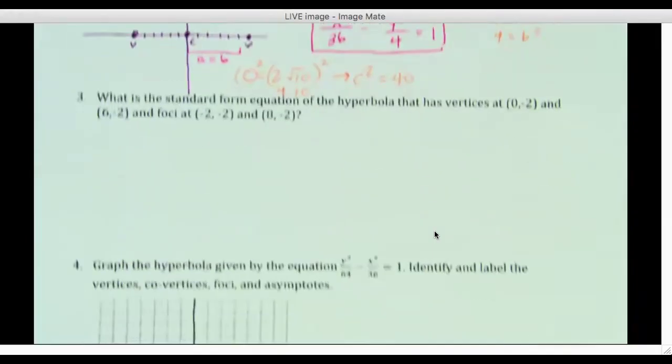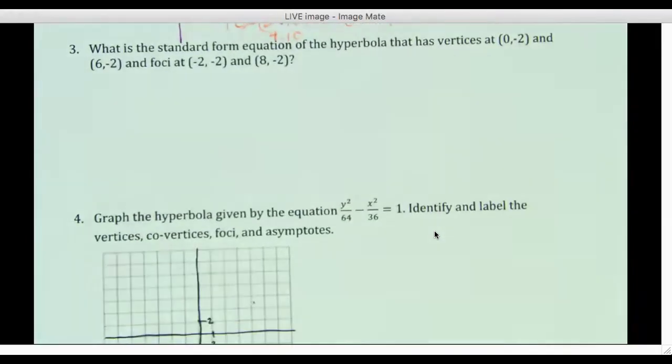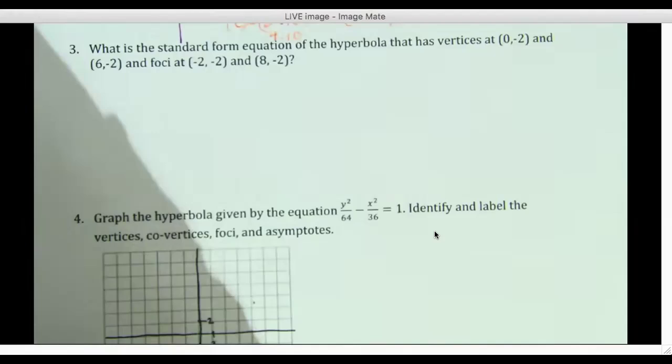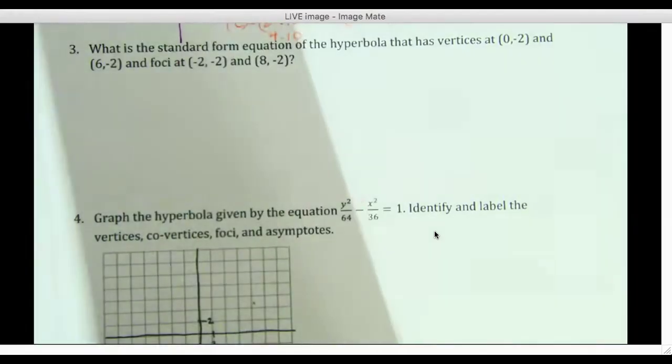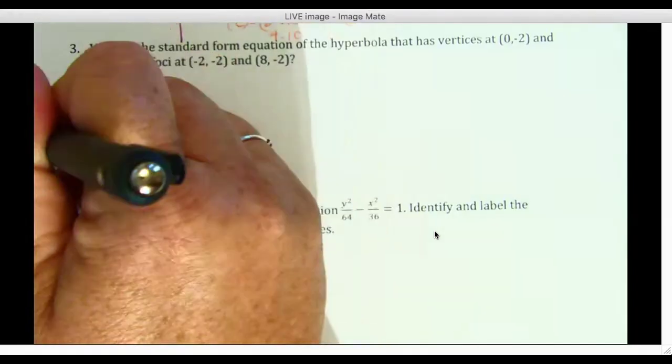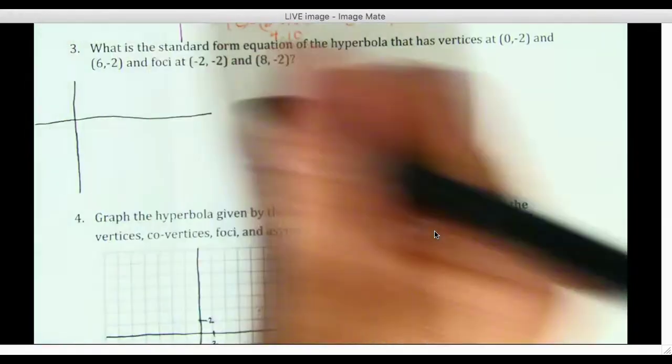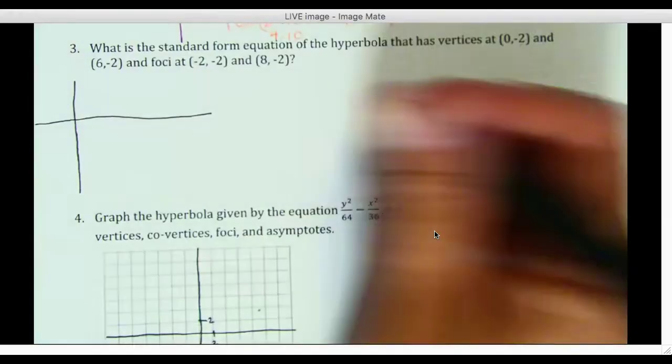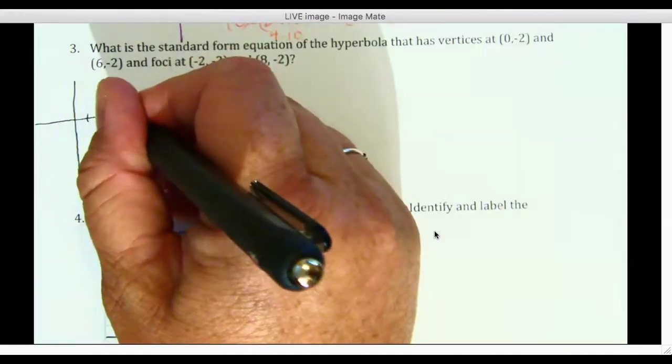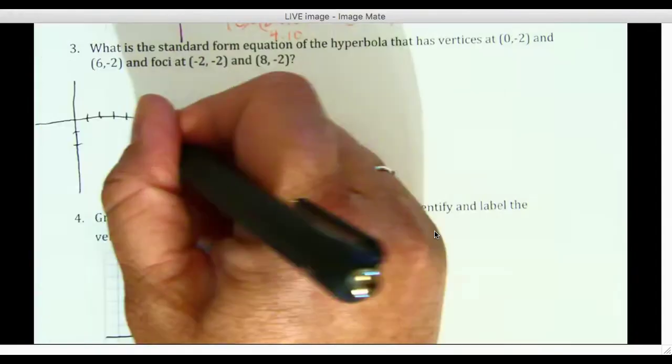Okay, so the next one says, what is the standard form of the equation of a hyperbola that has vertices 0, negative 2, and 6, negative 2? So based off those points, I can already tell this center is not at the origin. So let's go ahead and plot those points and get a visual of what's going on here. So I have 6, 1, 2, 3, 4, 5, 6, negative 2.